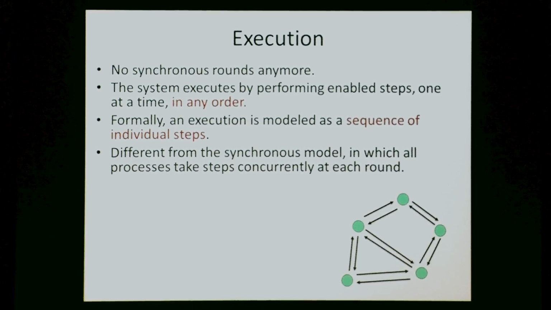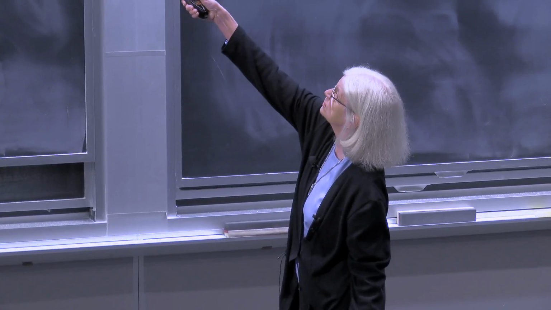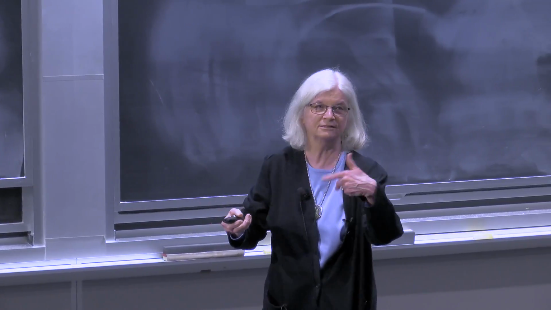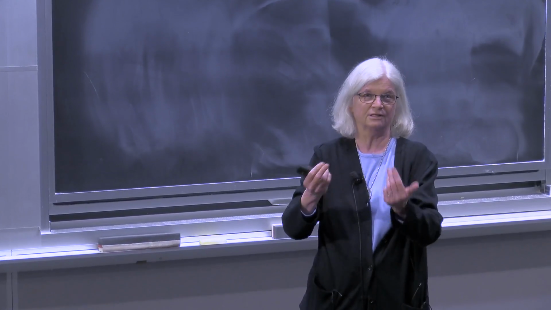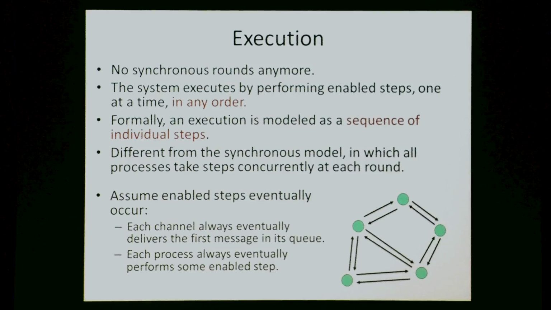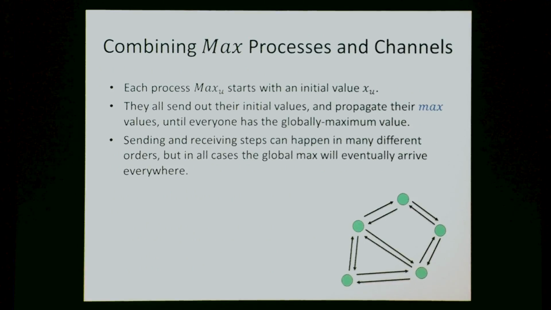Let's say that the local computation time for a process to perform its next step is little l. You just give a local time bound. And then you have d for a channel to deliver one message, the first message that's currently in the channel. If you have assumptions like that, you can use those to infer a real-time upper bound for solving the whole problem. If you know it takes no longer than d to deliver one message, then you can bound how long it takes to empty out a channel, and how long it takes for messages to propagate through the network.